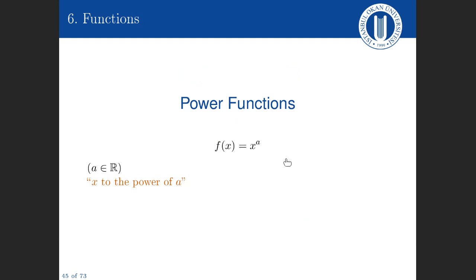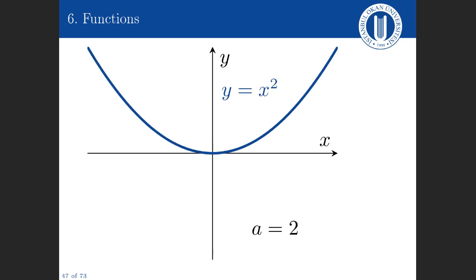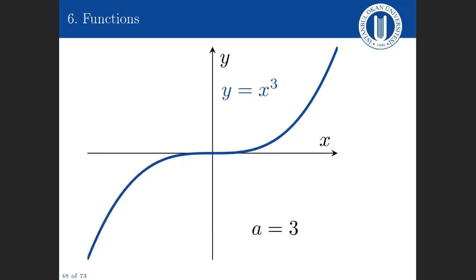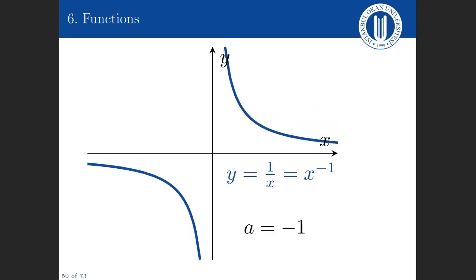Power functions are the functions x to the power of a, where a is a real number. For example, y is equal to x, a is 1 here, x to the power 1, x to the power 2 or x squared, x to the power 3 or x cubed, x to the power 4, etc. We could also use negative numbers.